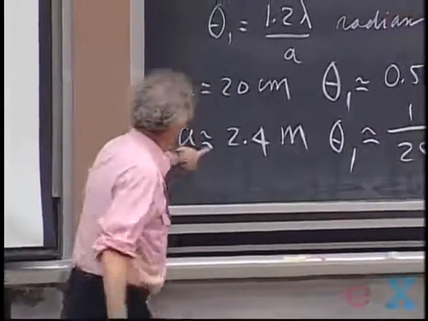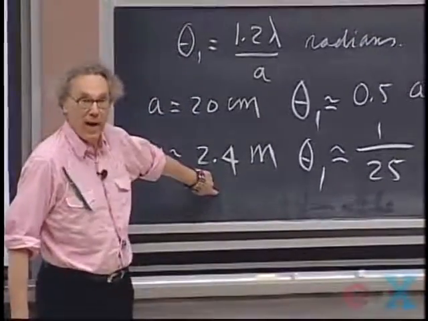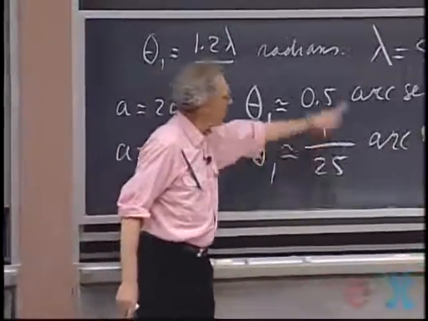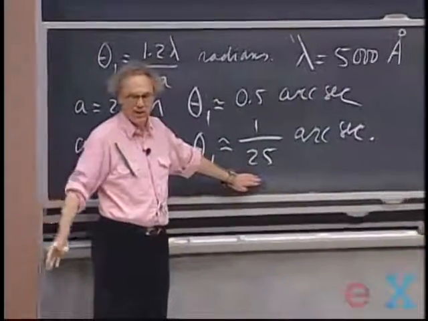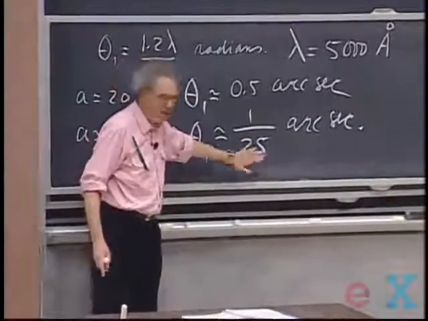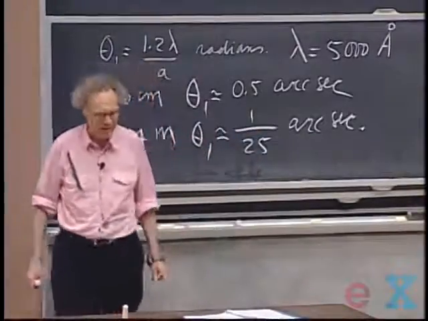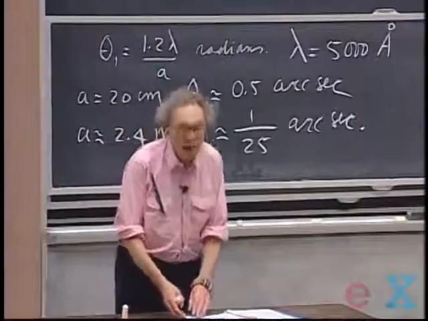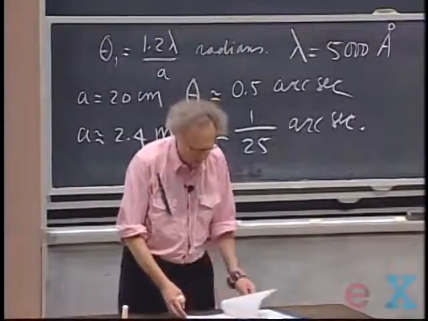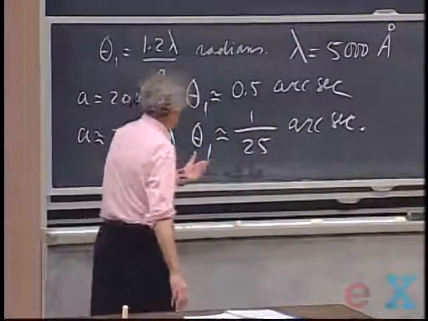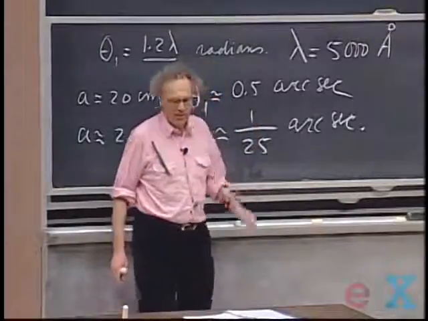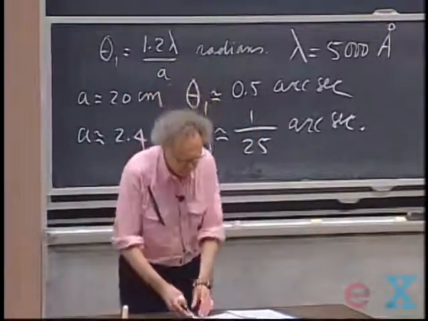And Hubble has a mirror which is 2.4 meters in diameter. And indeed, at 5,000 angstrom, I checked that yesterday with people at the Hubble Space Telescope, Hubble is diffraction limited, and Hubble has an angular resolution at 5,000 angstroms which is about 1/25 of an arc second. And at shorter wavelengths, it's even better, and at longer wavelengths, it is a little worse.